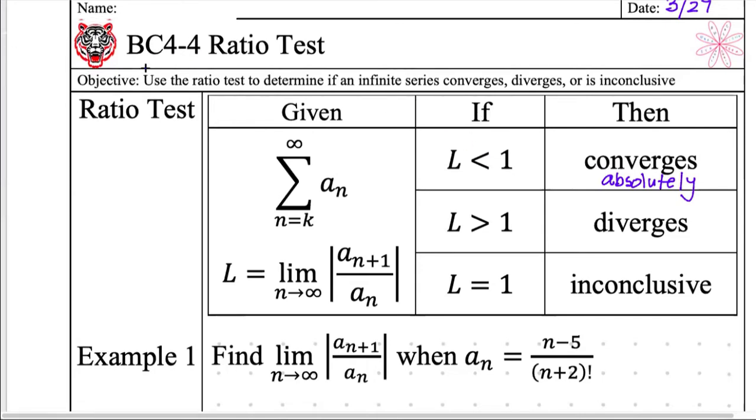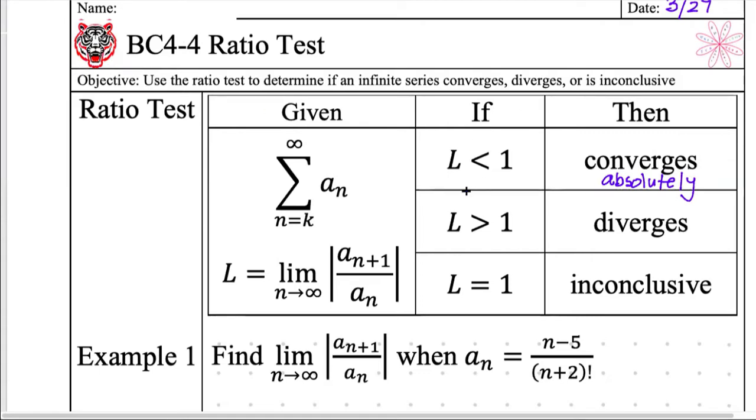It might converge, but if I take the absolute value, does it still converge? That's the difference between the alternating harmonic series and the normal harmonic series. The normal harmonic series, 1 plus a half plus a third plus a fourth, does not converge, but 1 minus a half plus a third minus a fourth does converge. So the alternating harmonic series converges conditionally.